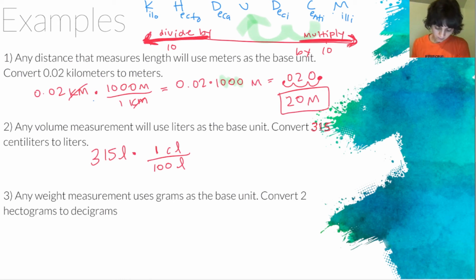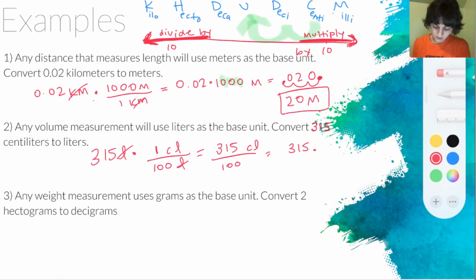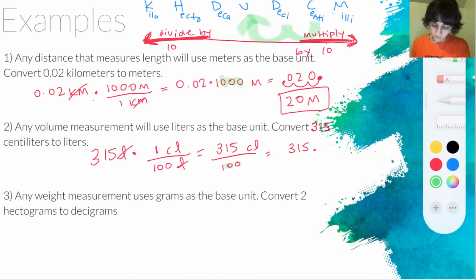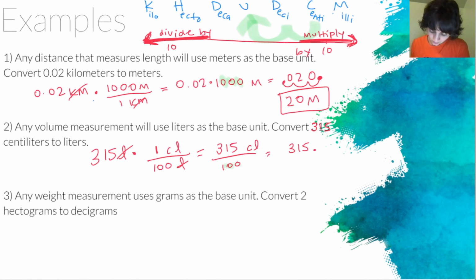Okay, so my centiliters cancel out. I'm left with 315 divided by 100. When I divide, basically now I can move that decimal place that was right there, divide by 100 since there are 2 zeros right there. That means I can move the decimal place 2 to the left.